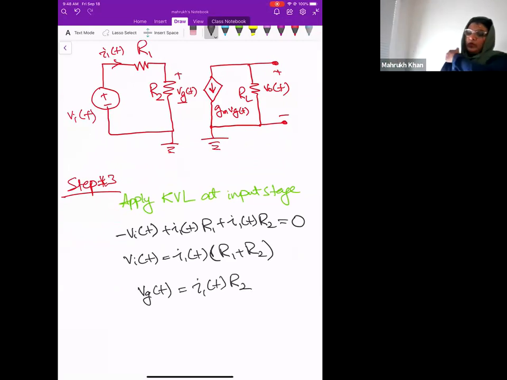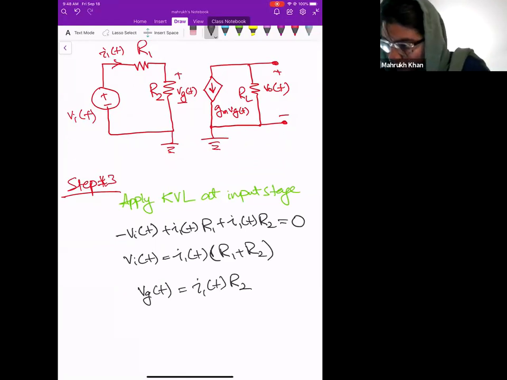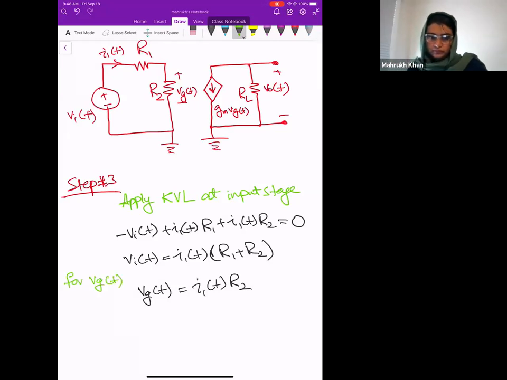If I want to replace I1 of t in this equation, what should I do? Do you think that replacing I1 of t may help?